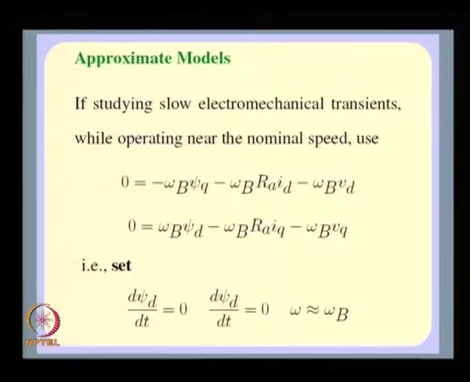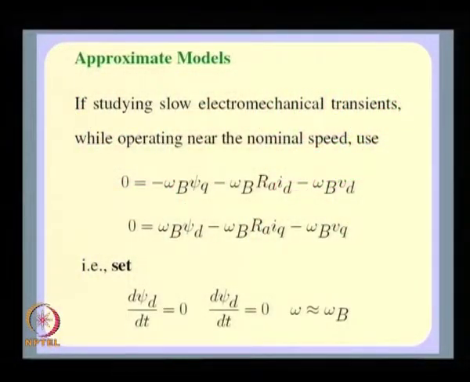This was done simply by setting d psi d by dt equal to 0 and d psi q by dt equal to 0. So, in that equation we just replace d psi d by dt equal to 0 and d psi q by dt equal to 0. So, this is an approximation which is valid in case we are talking of slow electromechanical transients. Okay. Slow electromechanical transients, the swings which we were discussing in some of the lectures.